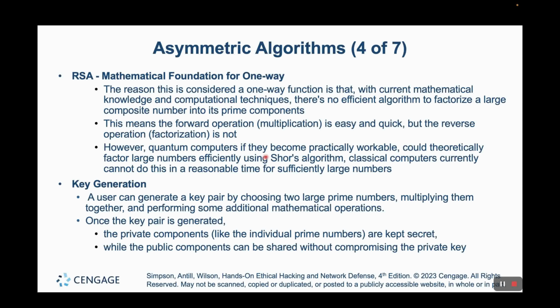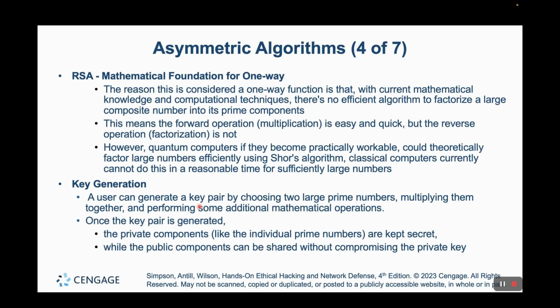Now, however, and we will see this in the future, how it will evolve. Quantum computers, if they become practically workable, could theoretically factor large numbers efficiently using Shor's algorithm. In the meantime, the classical computers we have currently cannot do it in a reasonable time for sufficiently large numbers. Now, key generation.